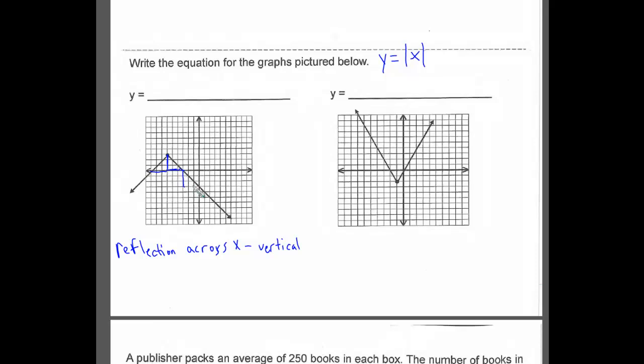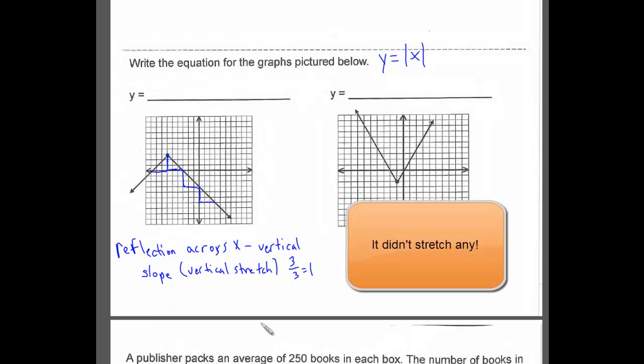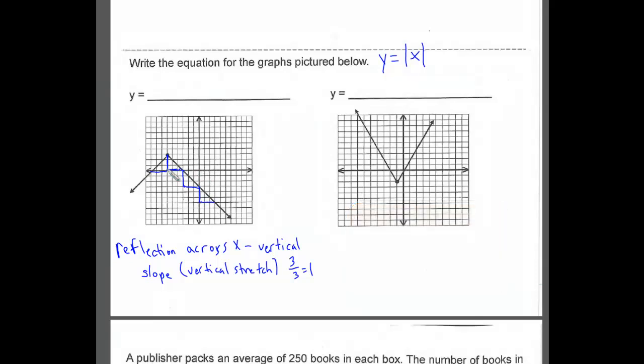So the slope, or the vertical stretch, is 3 over 3, which is 1. Now I also notice that the graph moved up 3 spaces. So it's vertical movement up 3 units.